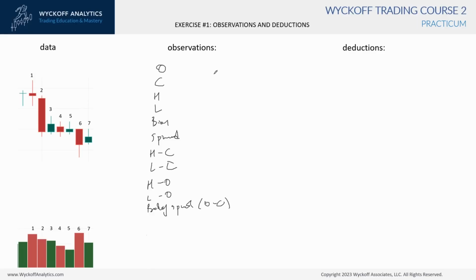Then, if this is all primary, we could go into the secondary type of information that we could extract from this chart and all of the bars. And I'm talking only about price at this point. So secondary information: what's the difference between close 0 and close 1? Are there any gaps that we're observing?